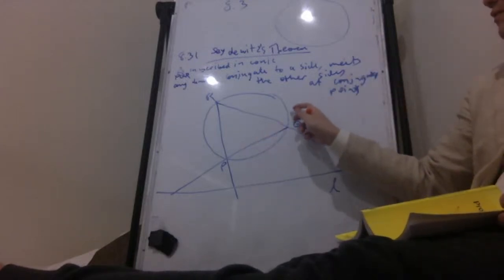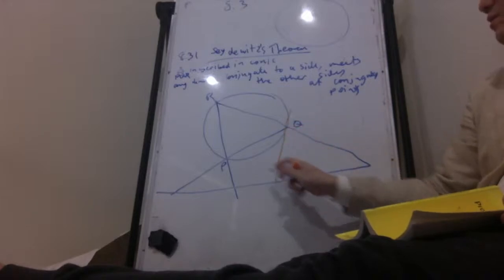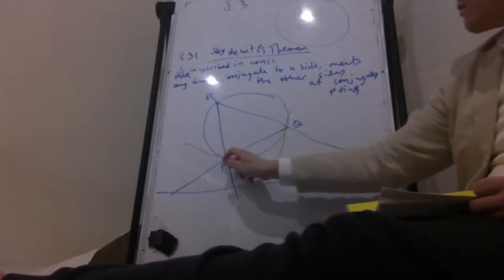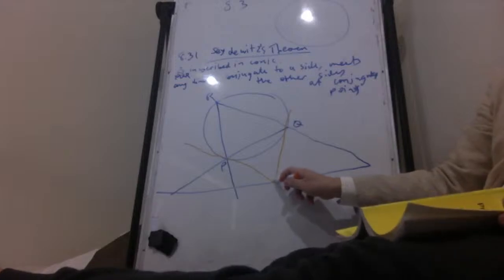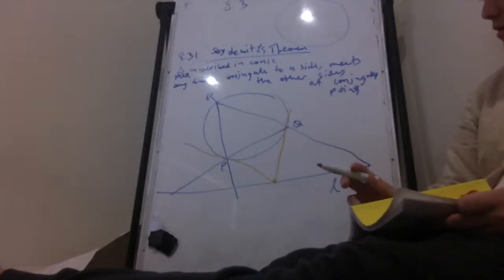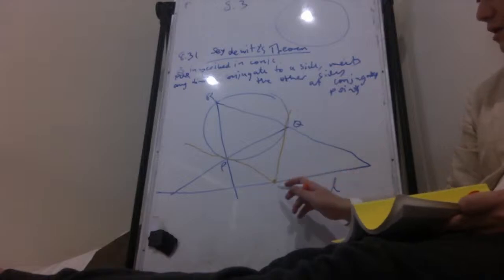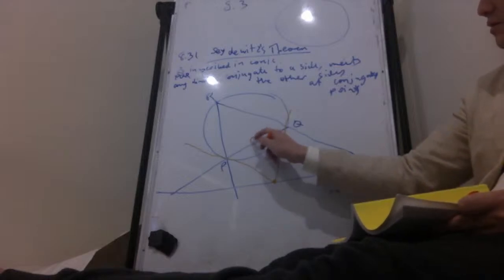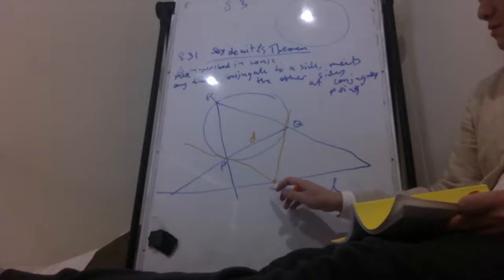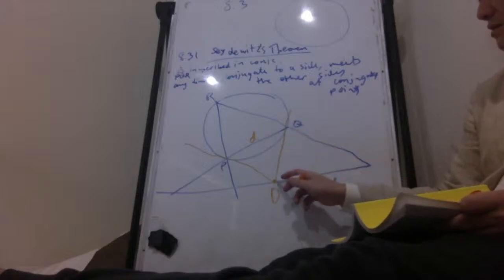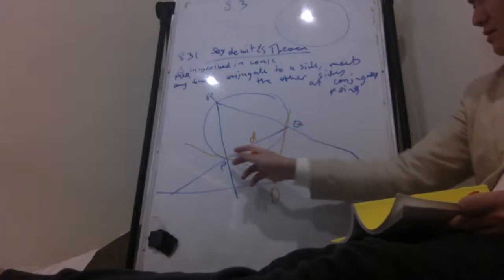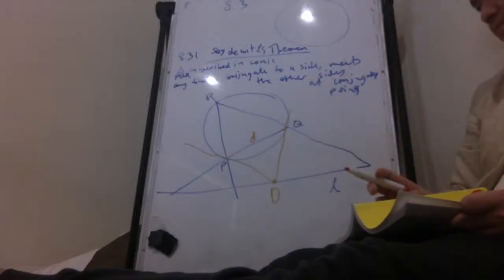If you take the tangents at P and Q, remember that the polar of big D, the point where the tangents intersect, is the secant going through the points of tangency.